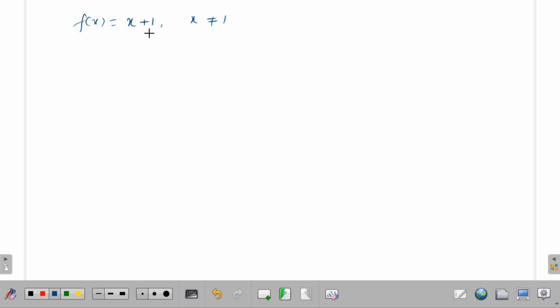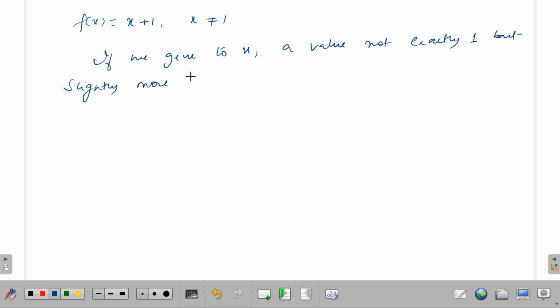So if we give x a value not exactly 1, but slightly more than 1, then clearly the value of f of x is slightly more than 2.